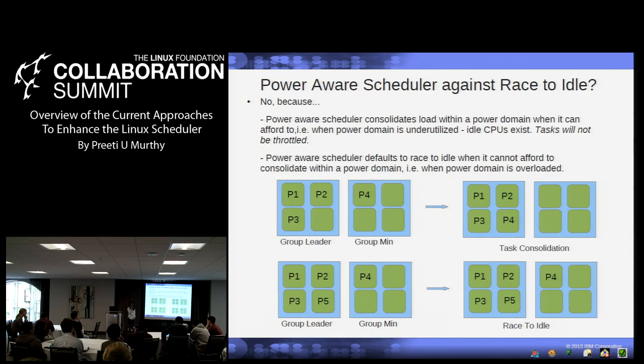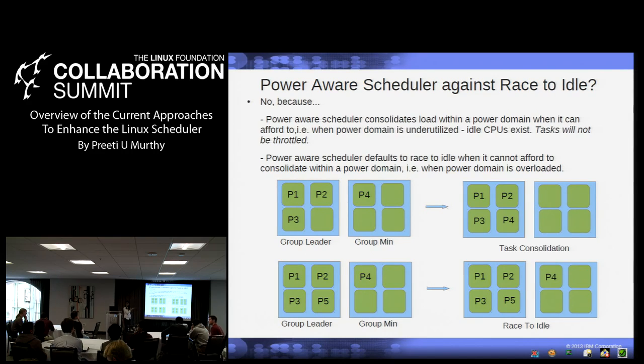They don't have two tasks on each of these CPUs. The way the scheduler is designed today, it considers a CPU overloaded if there's more than one task on it. So if I try to consolidate tasks from that socket to this one and make that idle, I would not be taxing any of the CPUs here, because I would be scheduling on an idle CPU and not on a busy CPU.